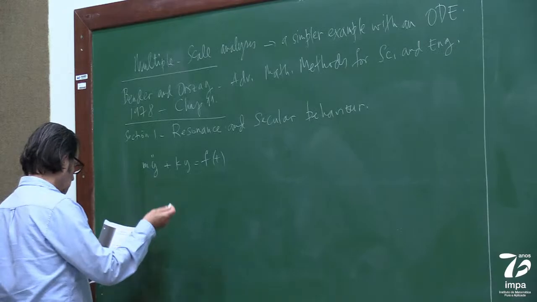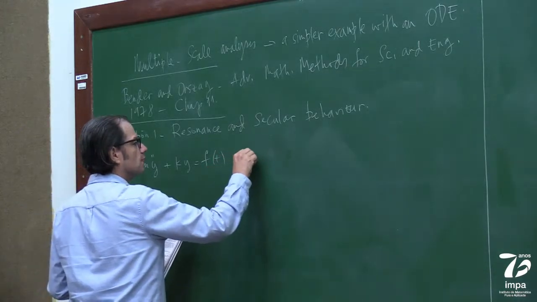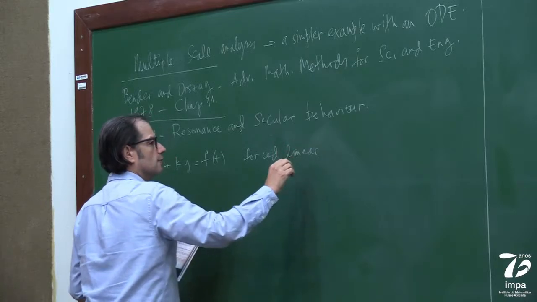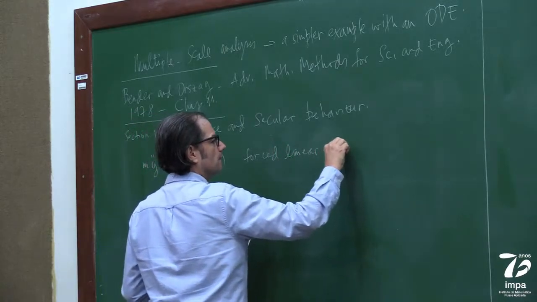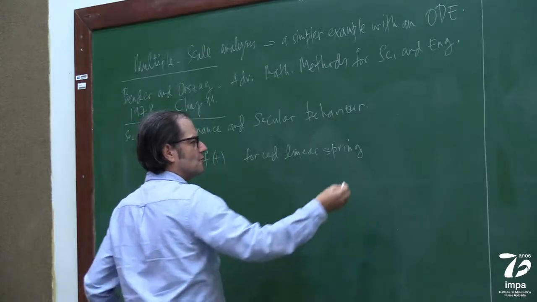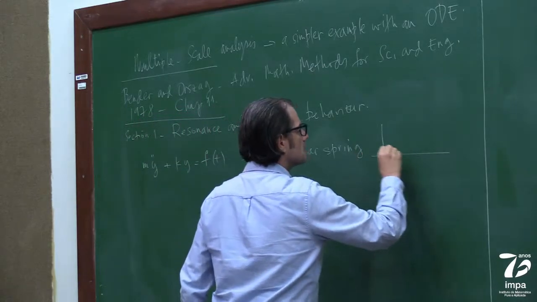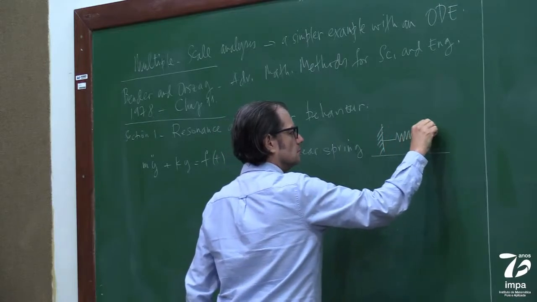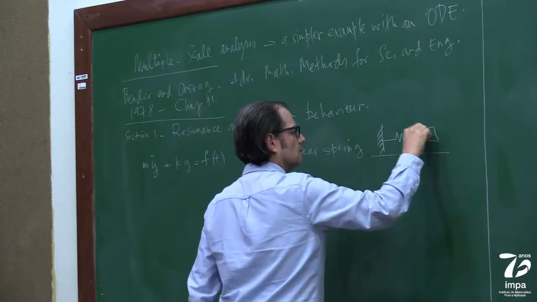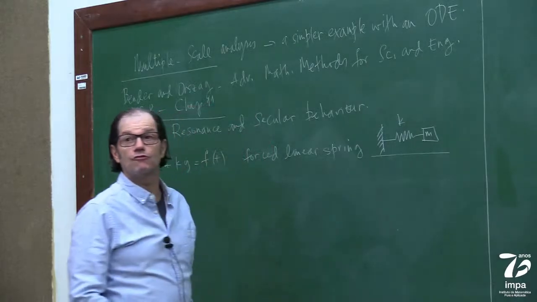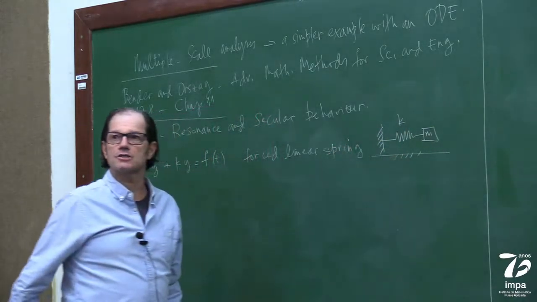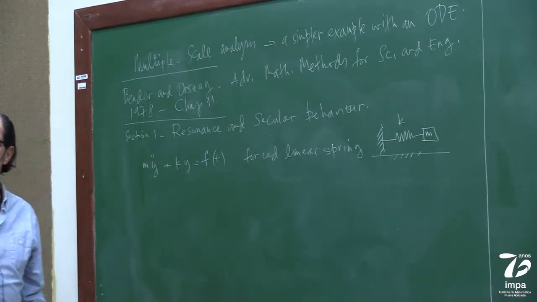This is the linear spring, the forced linear spring, which is the mass spring system, with no friction, okay? So there's no damping.